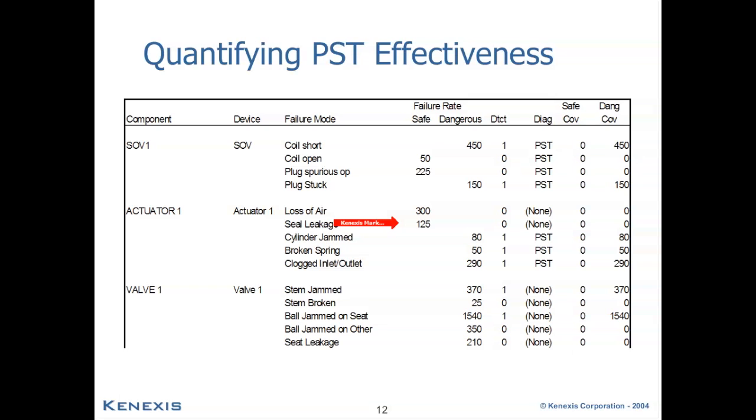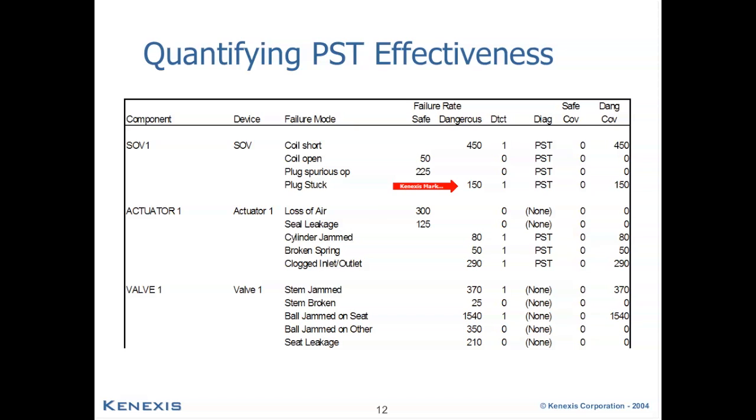There are very few things that will actually cause a valve to spontaneously move. The much more likely thing is that you command the valve to close and it doesn't. So of all of the dangerous failure modes, and to be honest, with a partial stroke test, you're only worried about dangerous coverage. Safe coverage doesn't help you. You're only worried about dangerous coverage.